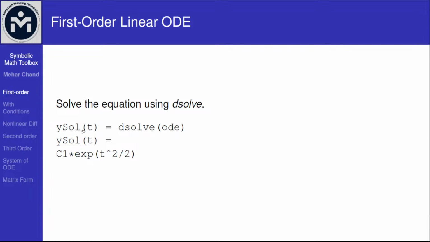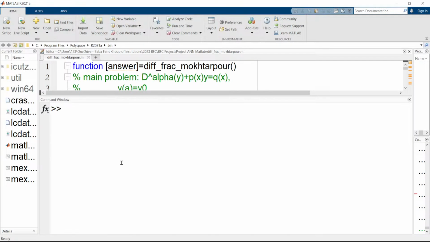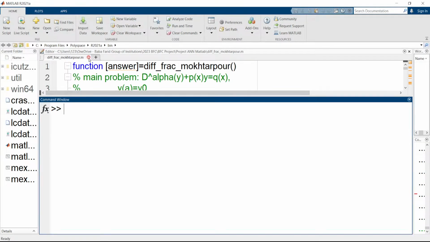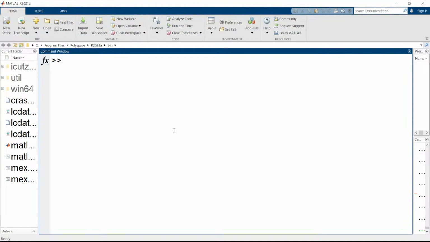When you enter this very first statement, MATLAB creates it. If you are willing to create a script file, we can do that, or we can use the command window directly: syms y(t). First we need to declare the symbolic variable.